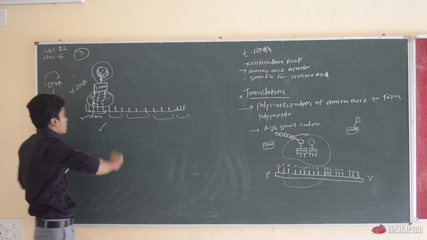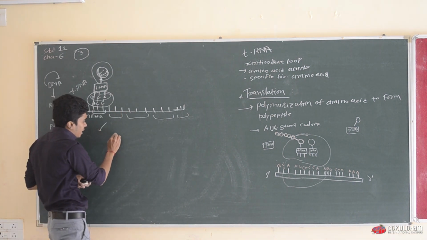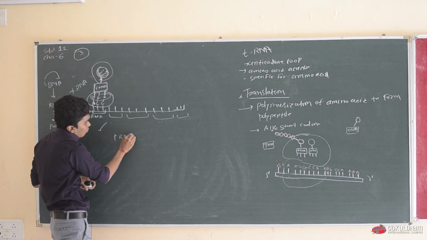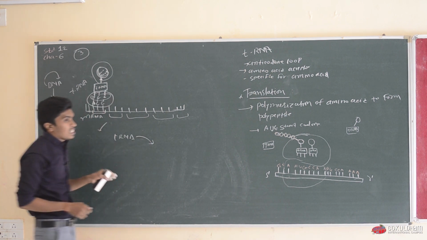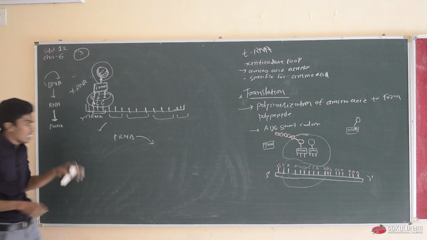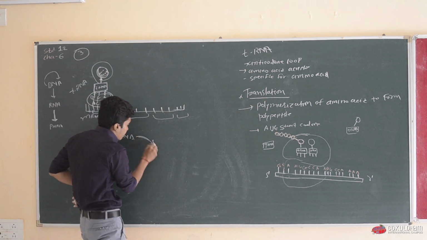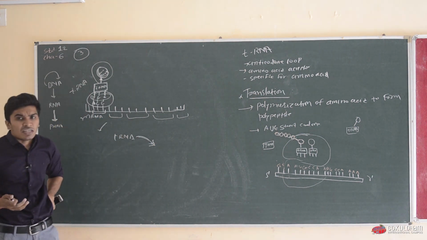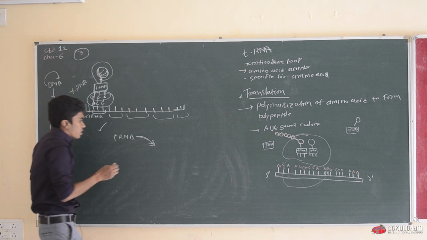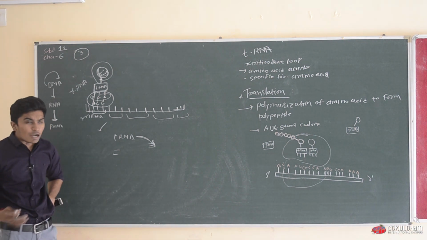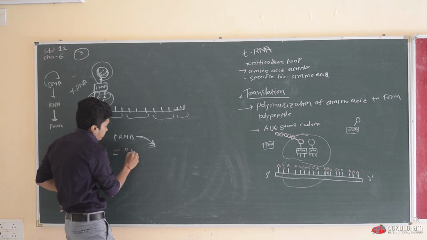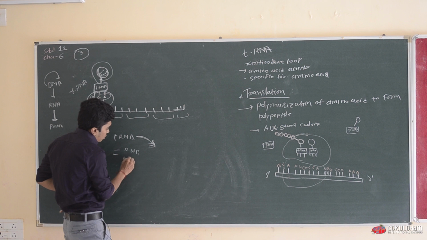What does this indicate? This RNA works as an enzyme in translation. That indicates that in primitive times, when there was no life on earth, most of the cellular activities were carried out by RNA.